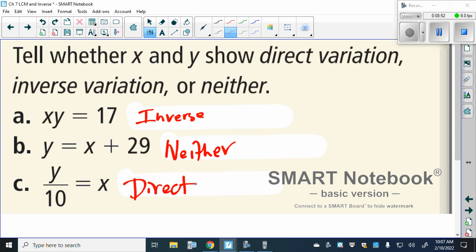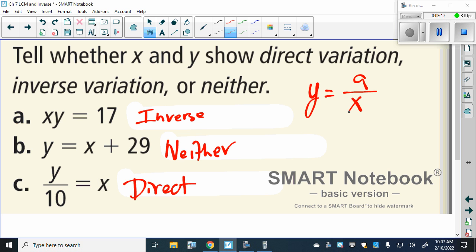Because it might be tempting to say inverse because we do have a fraction, but in our inverse, y is equal to a divided by x. The x is in the bottom of the fraction. For inverse, when x and y are on opposite sides, x is in the bottom.